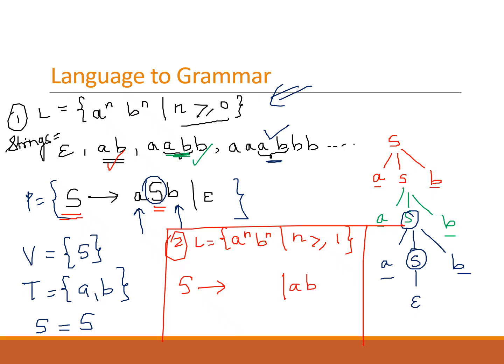So instead of writing epsilon, we'll write AB, which is the minimum accepted string, and the recursion remains as it is. We can still have the expansion of AB any number of times. So this will be the production rule corresponding to the second language. So now we'll have a discussion on a few more languages and try to obtain the context-free grammar.